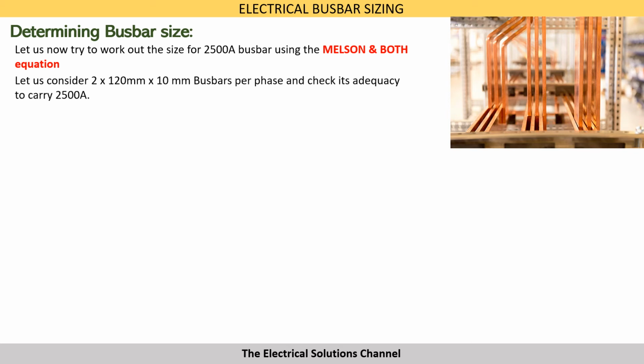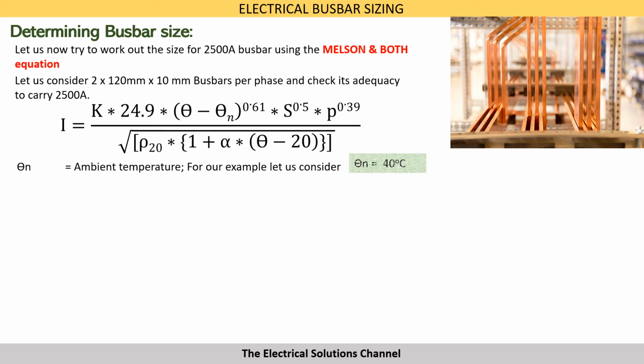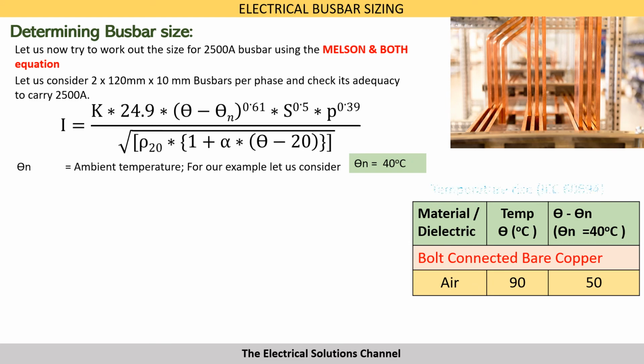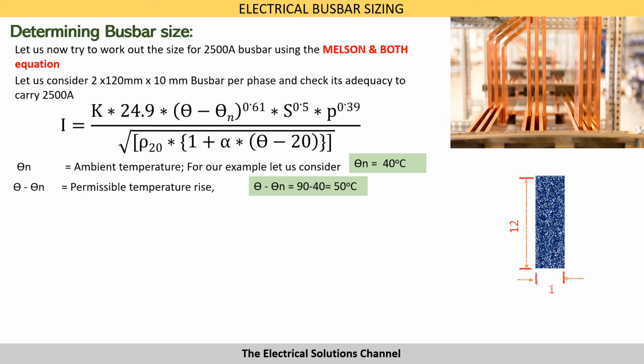Let us consider 2 × 120 × 10 mm busbars per phase and check its adequacy to carry 2500 amps. Theta n, the ambient temperature, for our example, let us consider equal to 40 degrees centigrade. As per IEC 60694, for bolt connected bare busbar, the maximum temperature permitted is 90 degrees centigrade. Therefore, the permissible temperature rise theta minus theta n is equal to 50 degrees C. S, the busbar cross section, is equal to 12 centimeters square.